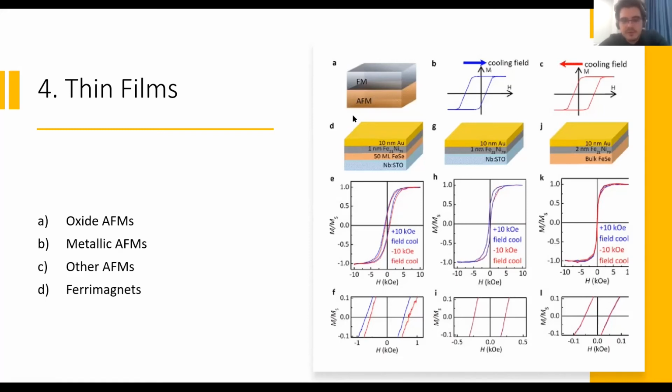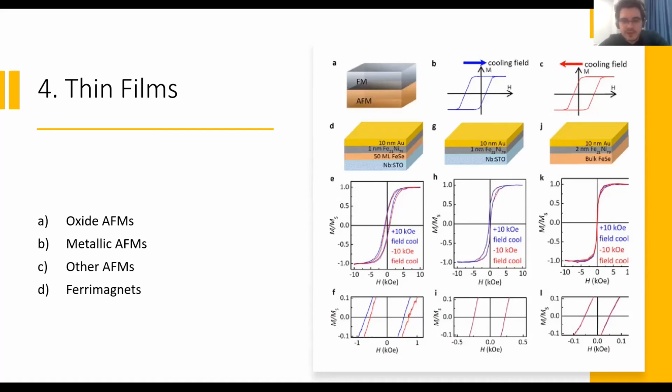Metallic antiferromagnets were first introduced in 1964, and they are used in today's technology too, such as iron manganese or iron nickel. The first reported metallic AFM is an iron nickel manganese bilayer, which has a blocking temperature of 300 Kelvin.